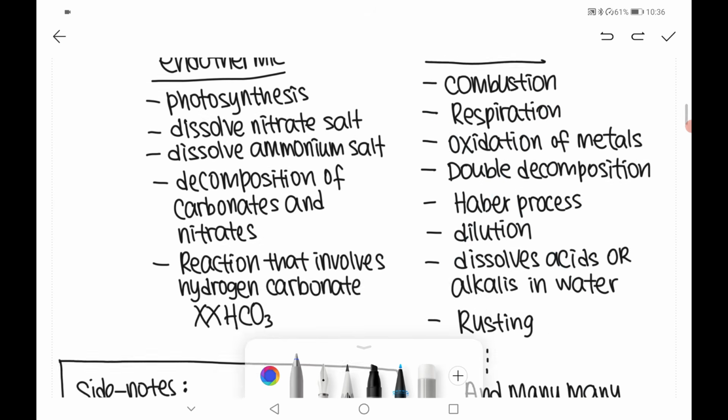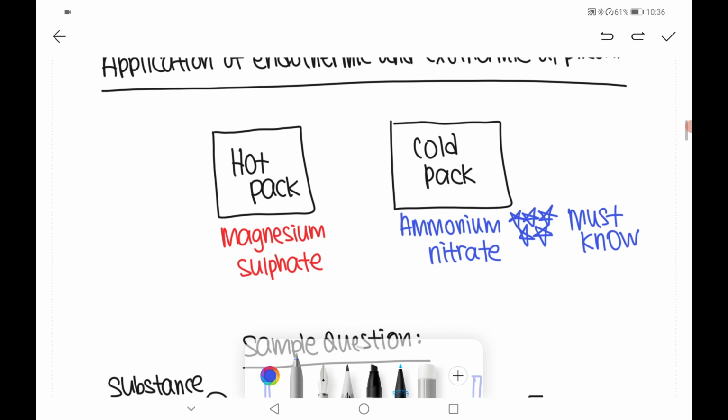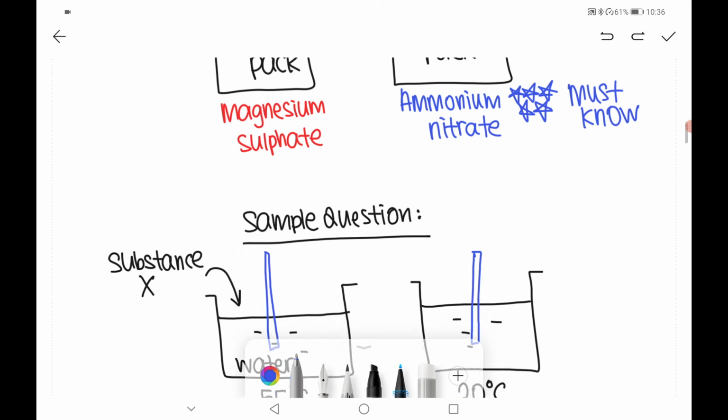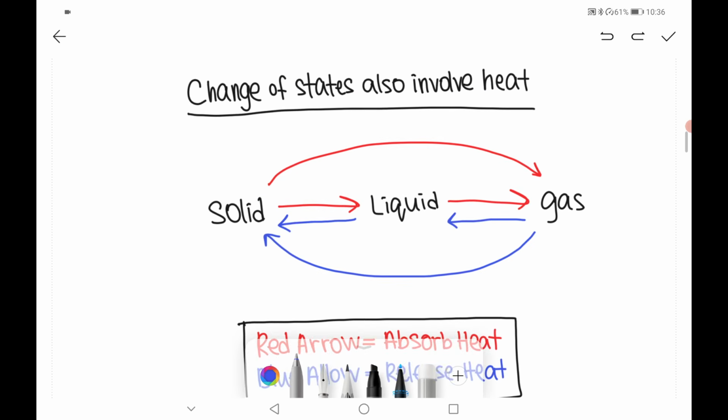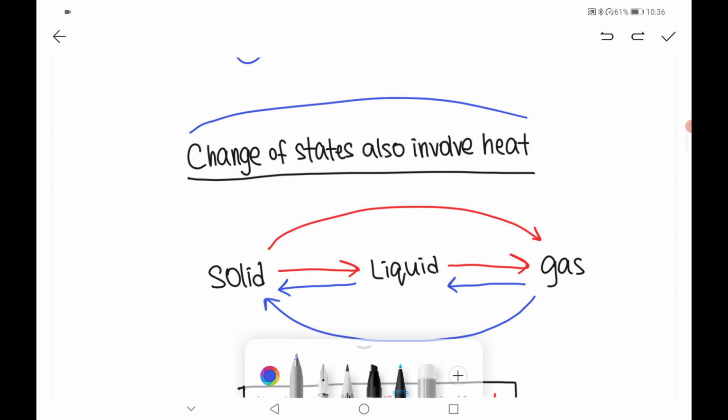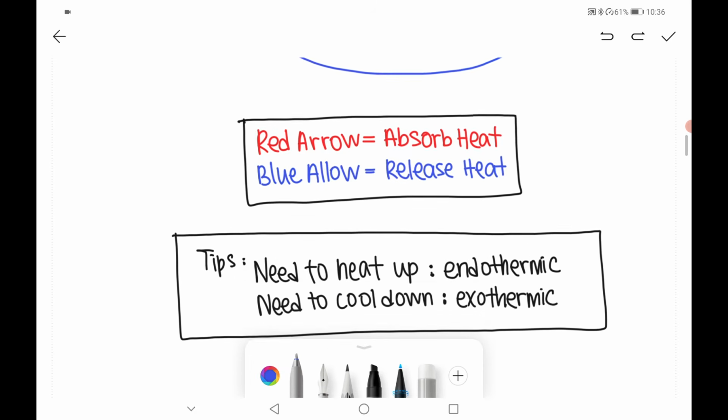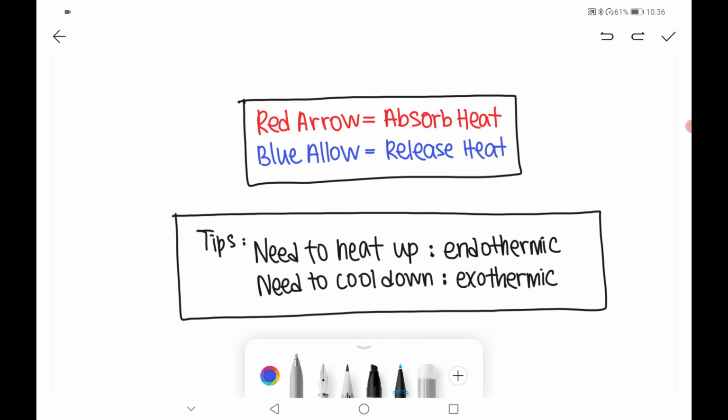Too many examples already. And you need to know the cold pack. In the cold pack, we have ammonium nitrate. And we need to know when you change from one state to the other state, you will involve heat as well. If that chemical process you need to heat up, it's endothermic.